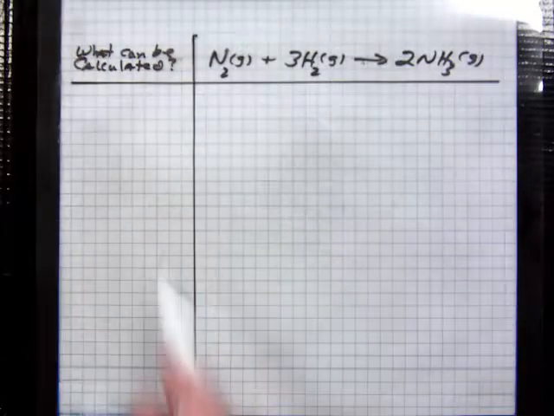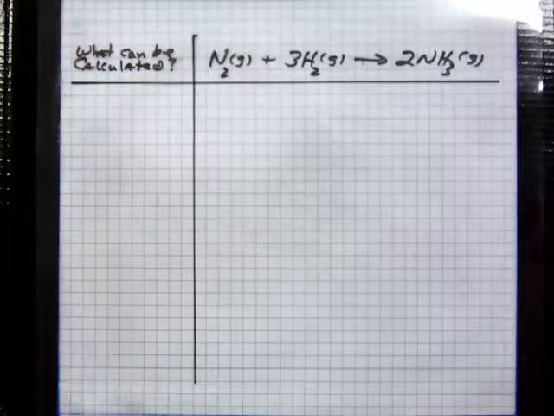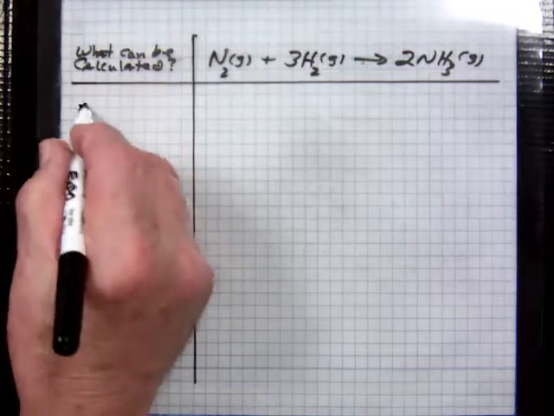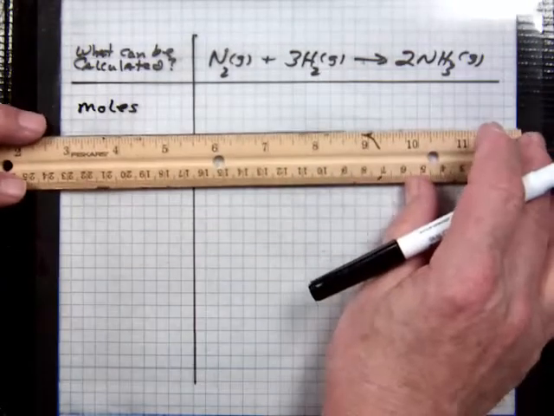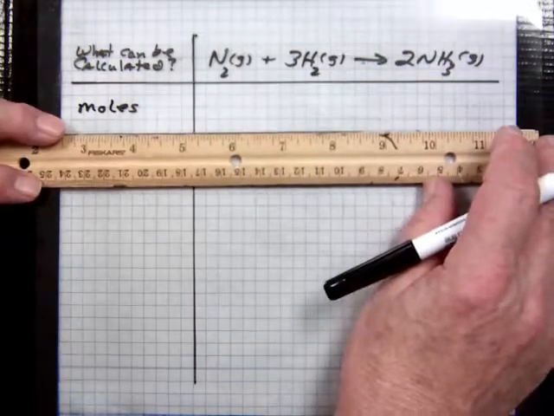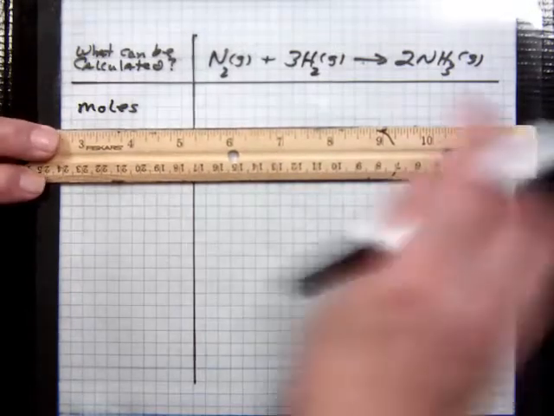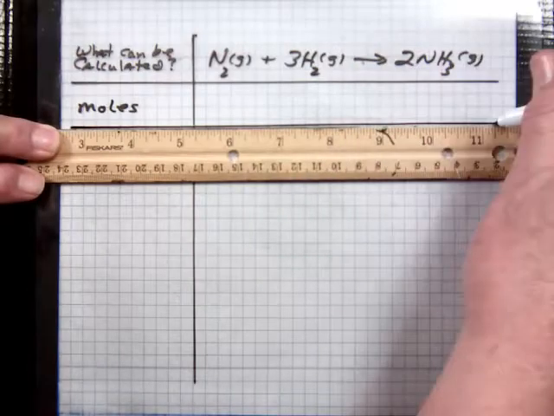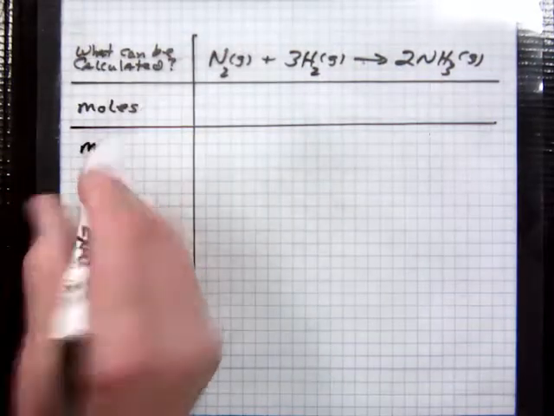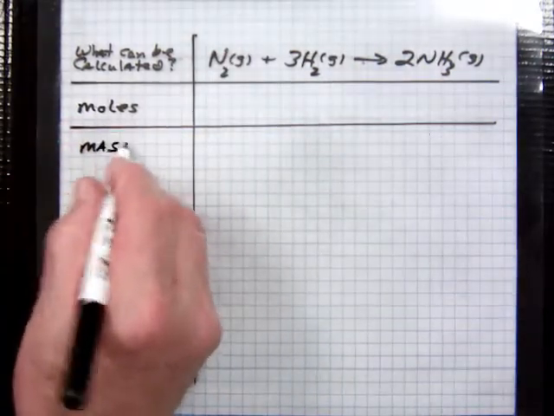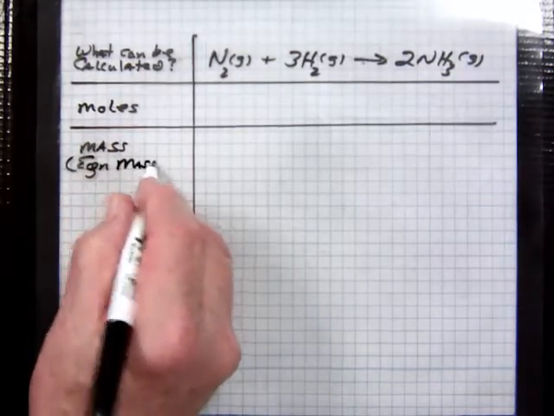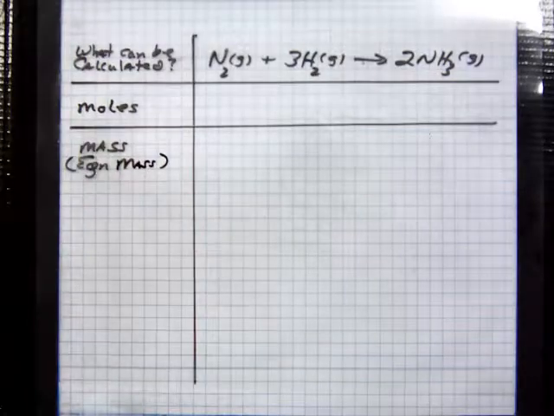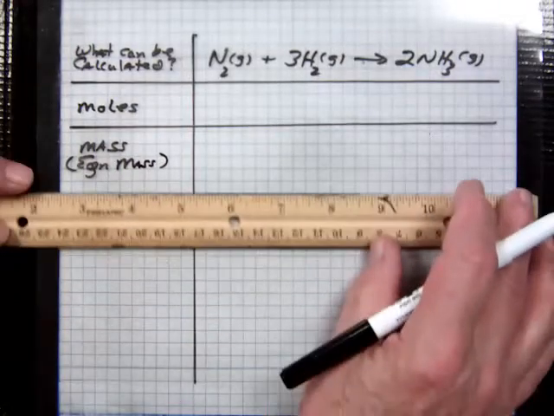So you can set it up like this. Well, the first thing I mentioned is moles. And from moles, we can get mass. And this is called an equation mass, as opposed to formula weight mass, like nomenclature terminology.